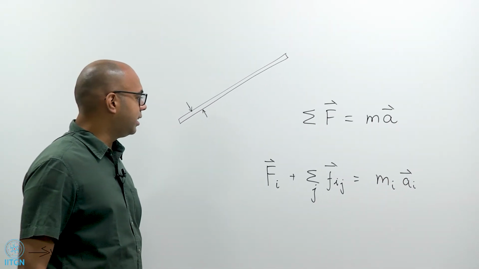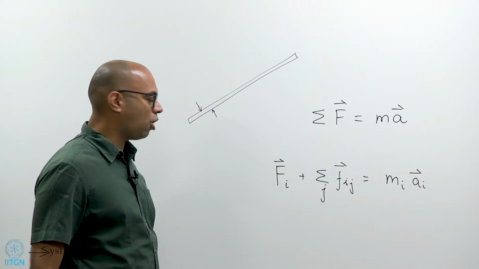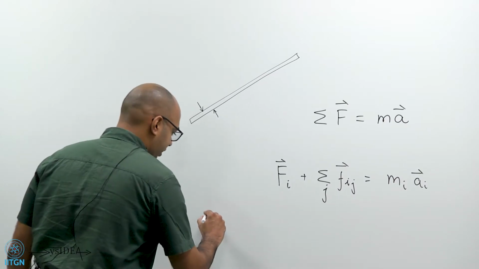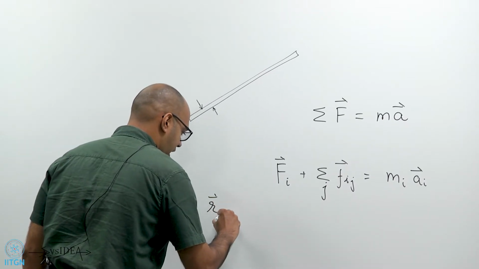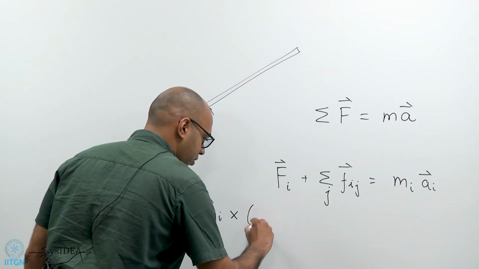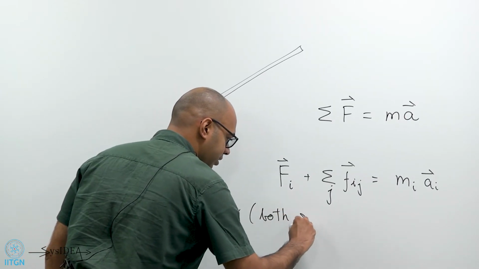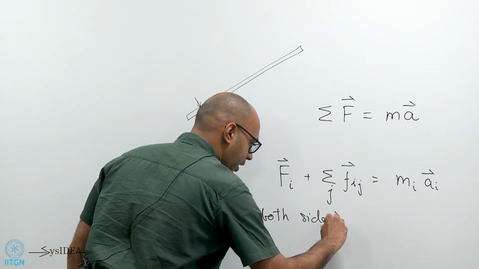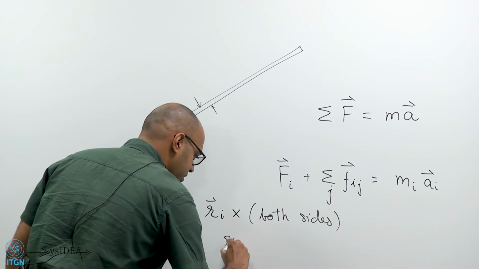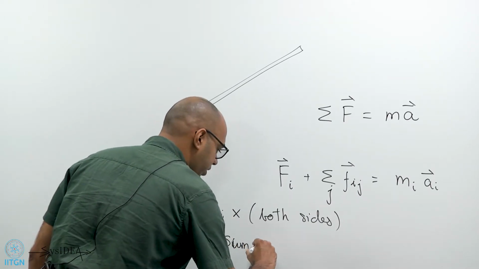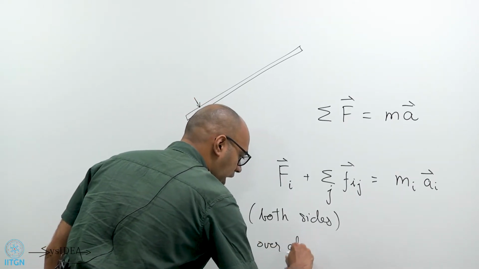Now let us take moments on both sides. So let us do ri cross both sides and sum over all i particles.